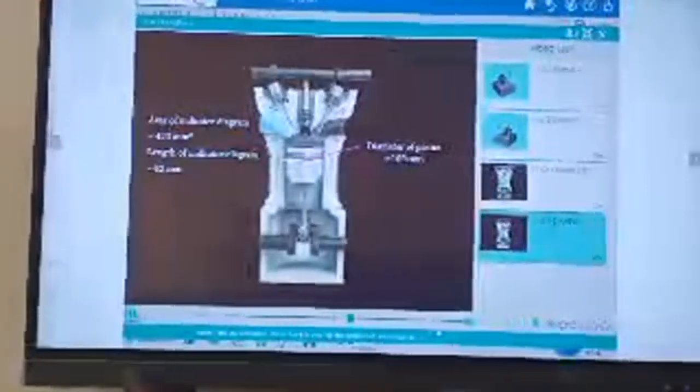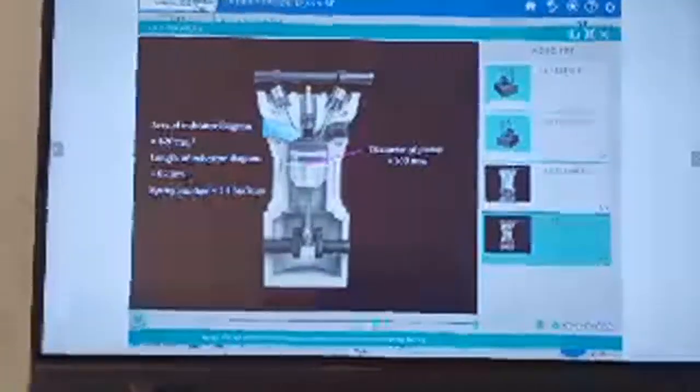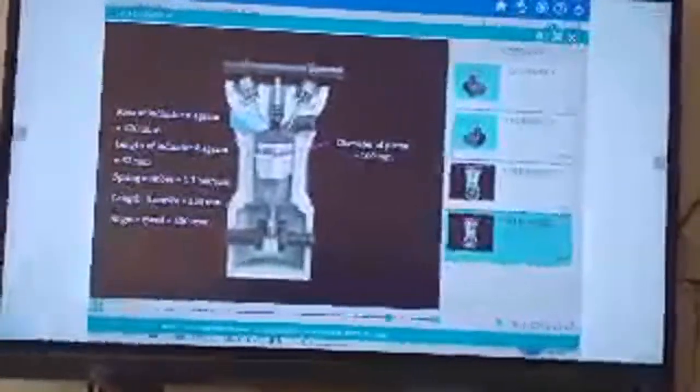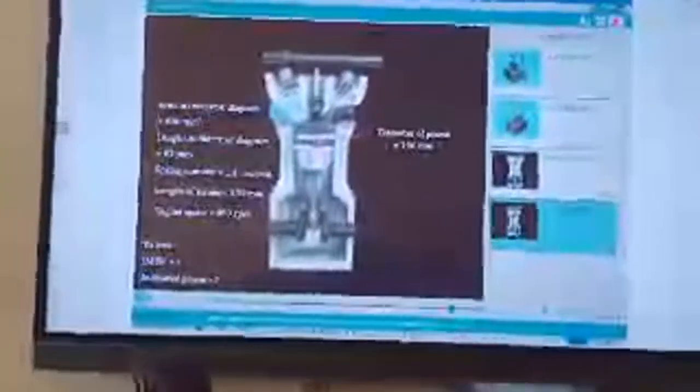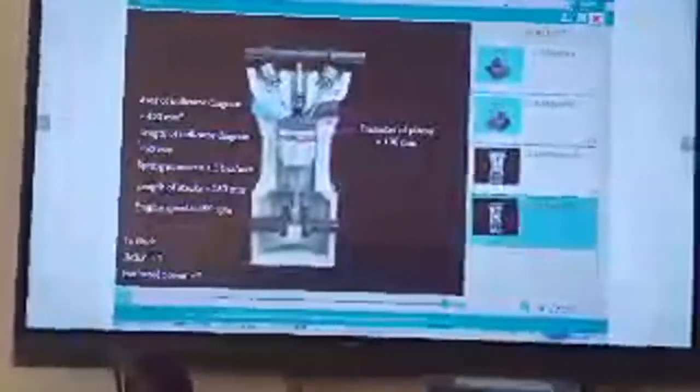Length of the indicator diagram is 62 mm. Spring number is 1.1 bar per mm. Length of stroke is 150 mm. Engine speed is 450 rpm. Based on the given data, calculate the indicated mean effective pressure and indicated power.